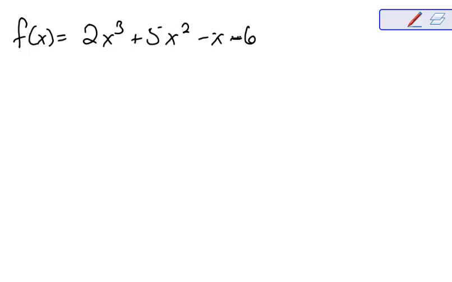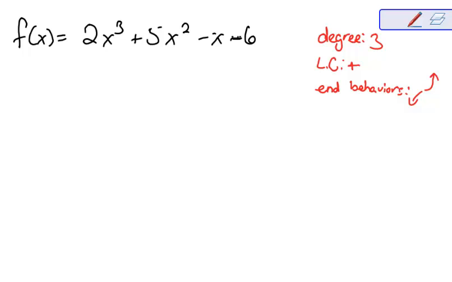But I know that the degree of the polynomial is 3. I know that my leading coefficient is a positive 2. Therefore, if it's odd and it's positive, I know that my end behaviors are going to be starting out down and ending up.